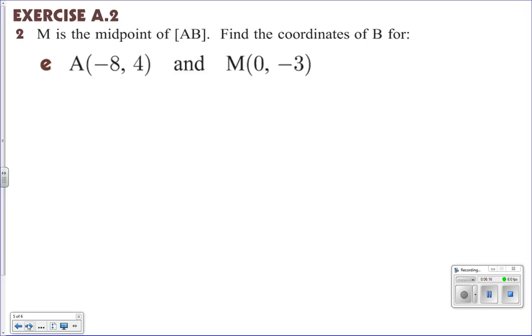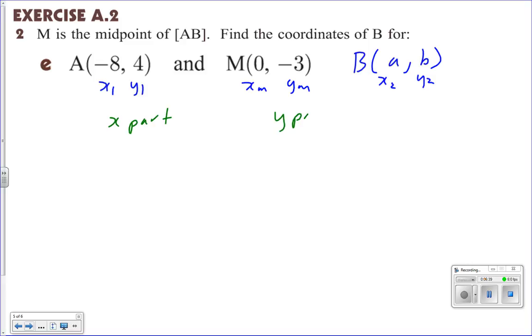E. So we write our B again, (a, b). So this is going to be x1, y1, xm, ym, x2, y2. Again, we go here and we write our x part, and we have our y part.